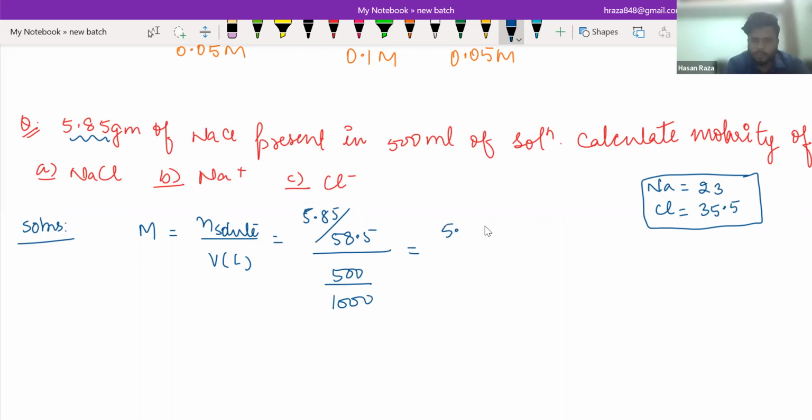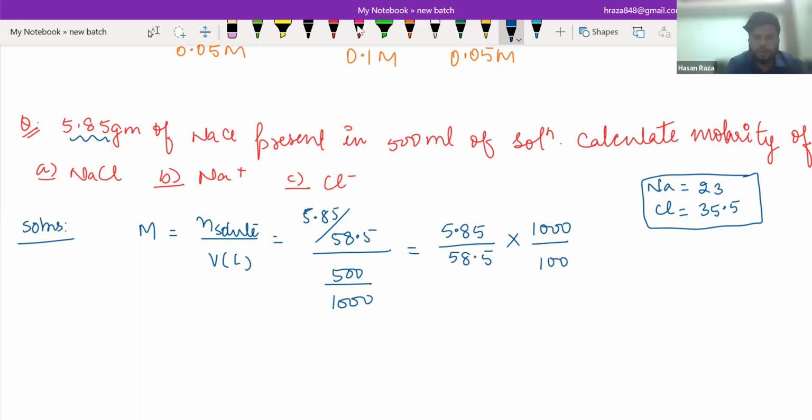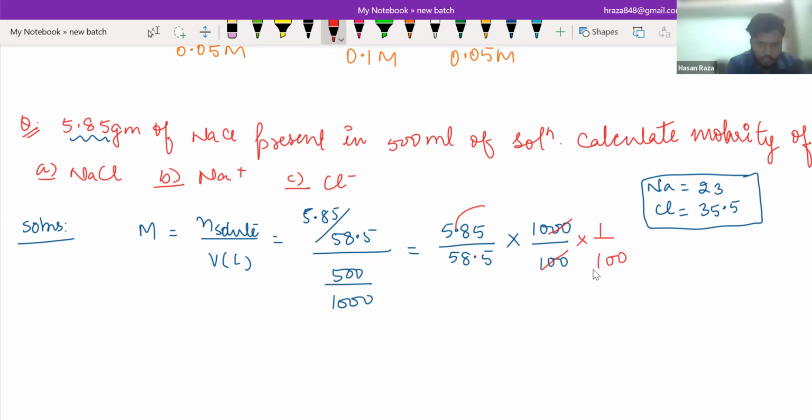Now see, 5.85 upon 58.5 into 1000 upon 500. Now I'm going to solve it very easily. If we remove this decimal, it will be 100 in denominator, and if you remove this decimal, it will be 10 in numerator.